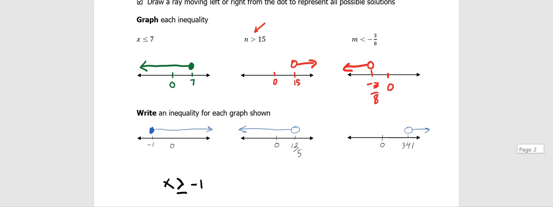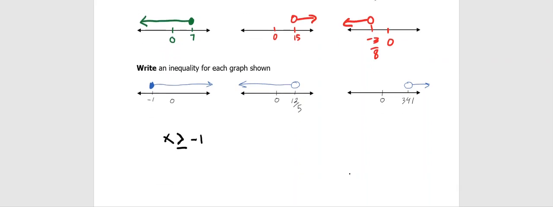So that kind of takes the guesswork out of this as long as our solution is written in the proper order with the variable first. So that being said, I know that x is, I'm pointing to the left, is less than, open dot, so not or equal to, simply 12/5. And we're done.